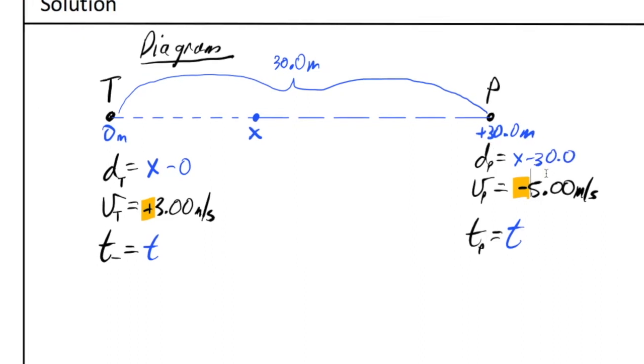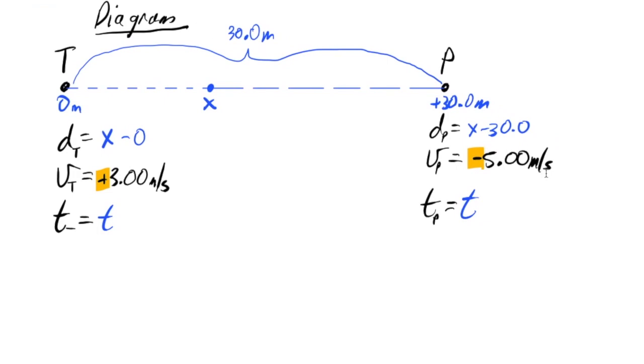The big idea here is that Phil's displacement has to be negative, because x is going to be smaller than 30. So a smaller than 30 number minus 30 has to give you a negative number. So the direction here is totally in line with how he is running.